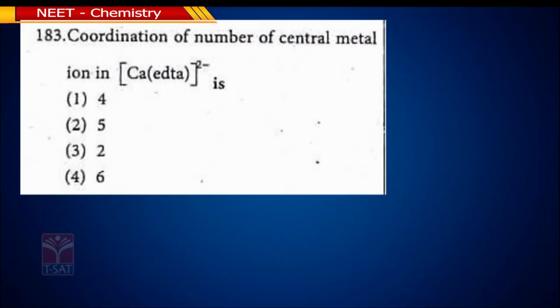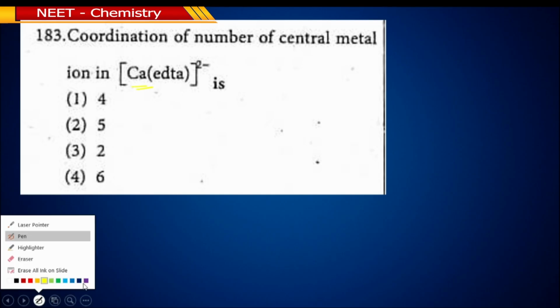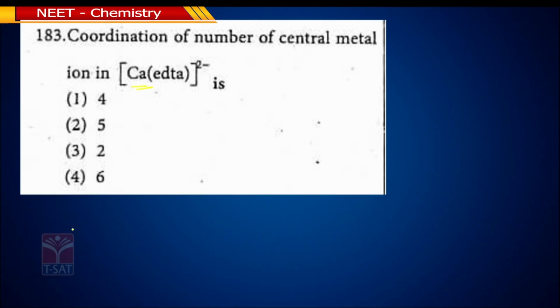And see the next question. Coordination number of central metal atom or ion in this compound is. This question is from complex compounds. So, what do you mean by the coordination number?